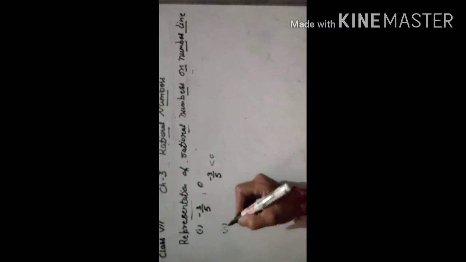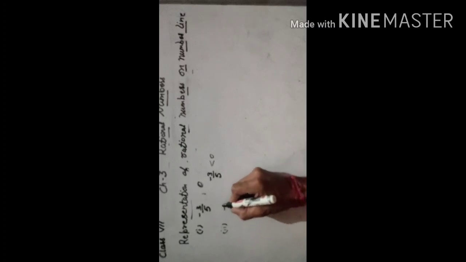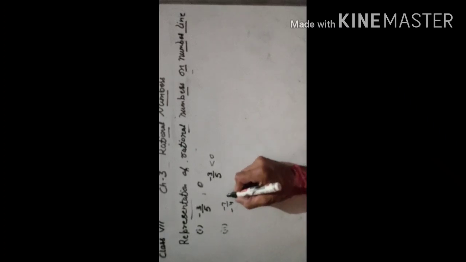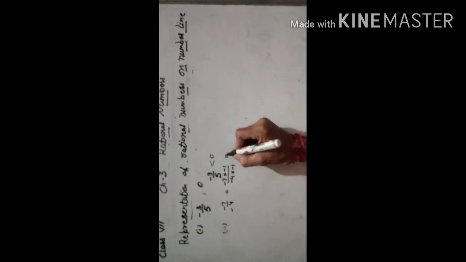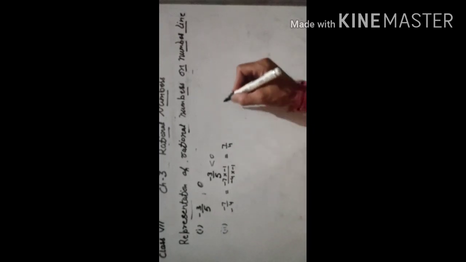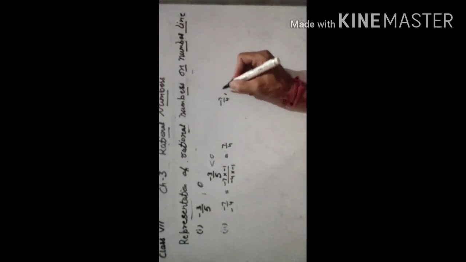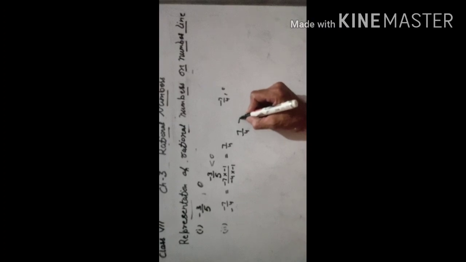Second part is -7/4 and 0. Make it positive by multiplying with -1, that is 7/4. A positive number is always greater than 0, so 7/4 is greater than 0.